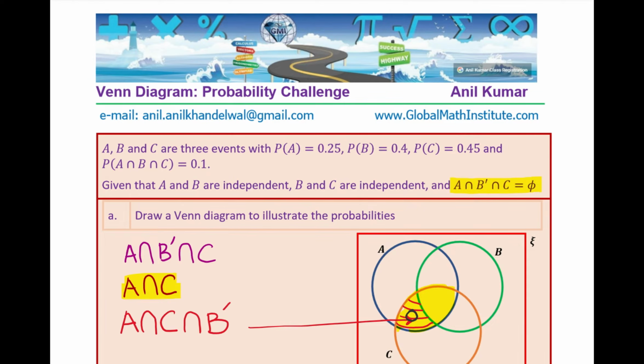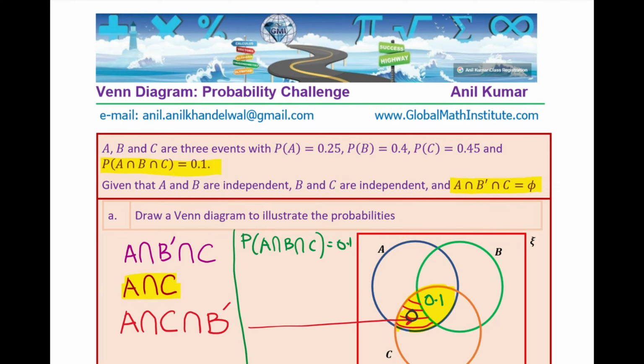So we always begin with inside out. That is the common intersection of all the three events. Is that clear to you? Okay, so now we look into what is the probability of A intersection B intersection C. That is given to us as 0.1, and this is the portion right there, correct?